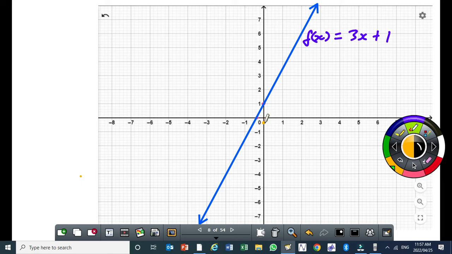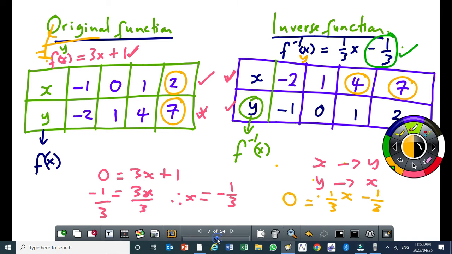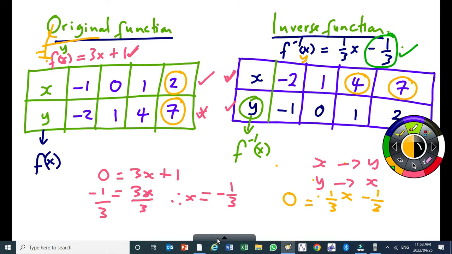Then, if I want to get the x-intercept, I have to substitute the f inverse of x by 0. So if I put 0 there, it will be equal to a third x minus a third. 0 is equal to a third x minus a third. Then I'll take the negative a third to the right.